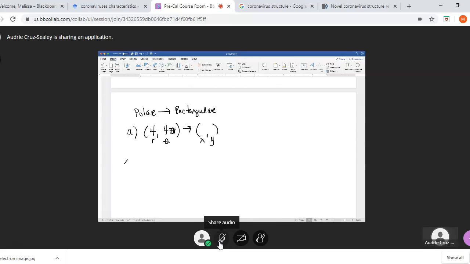You know that x is equal to r cosine theta. So x is equal to 4 cosine of 4 pi. But what is cosine of 4 pi? 1. So x equals 4. So I know my x value is 4.